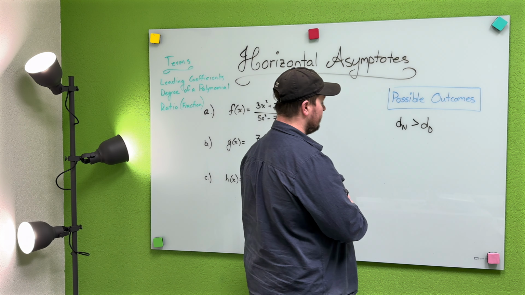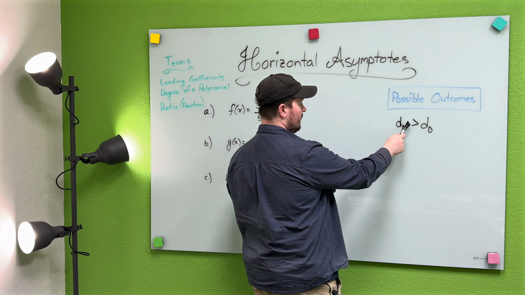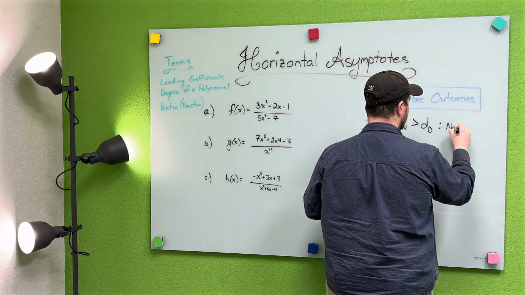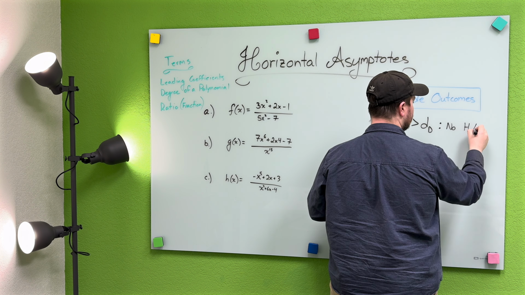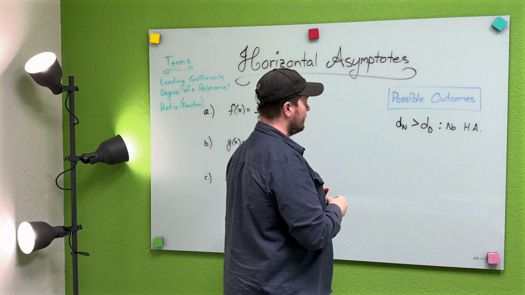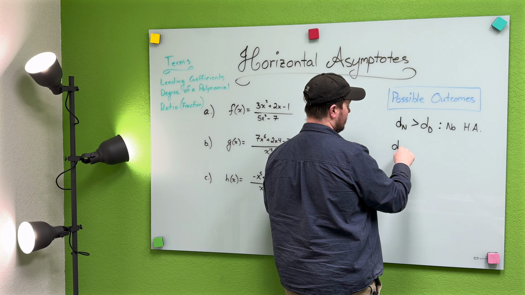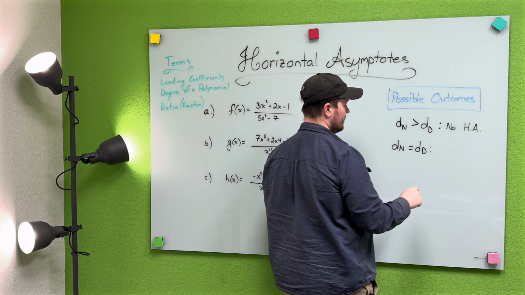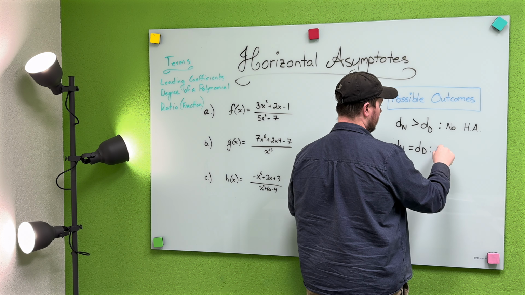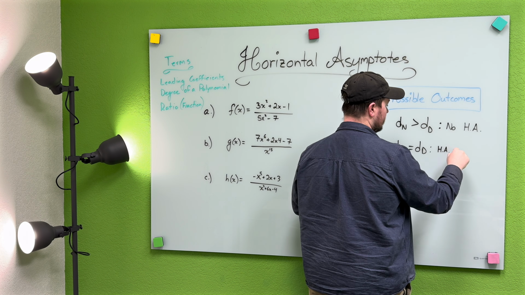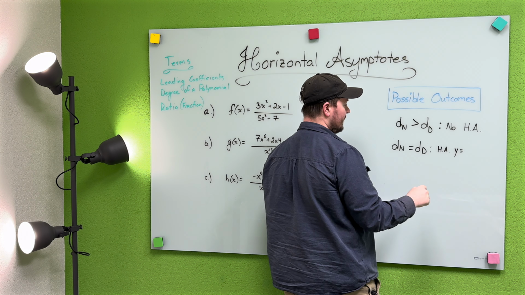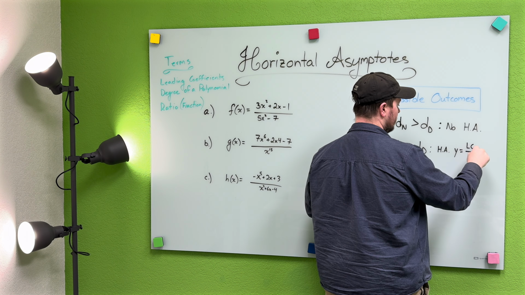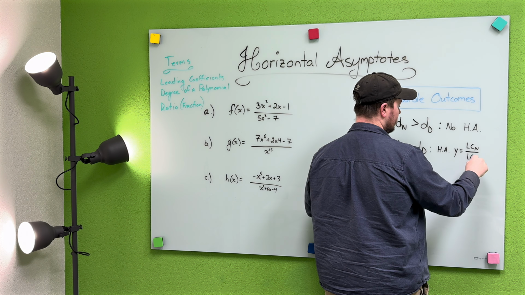So if you have a degree of a numerator that's larger than the degree of the denominator, that means you have no horizontal asymptote. Another situation is where the degree of the numerator is the same as the degree of the denominator. In this case, you have a horizontal asymptote, which is a y value, and that y value is the ratio or a fraction put together with the leading coefficient of the numerator divided by the leading coefficient of your denominator.